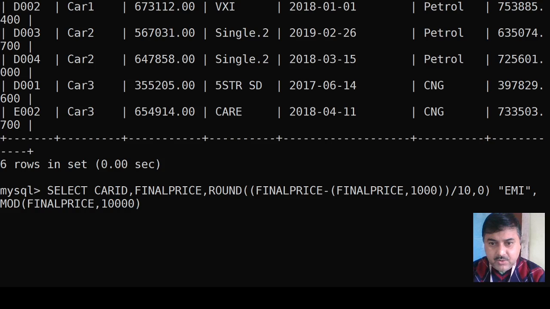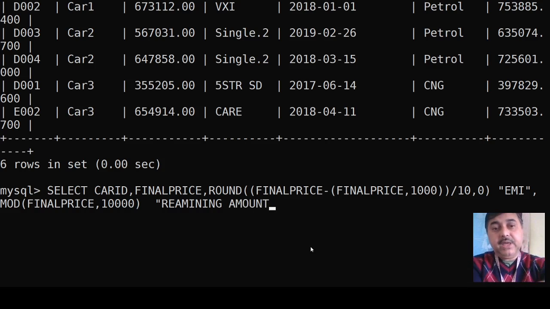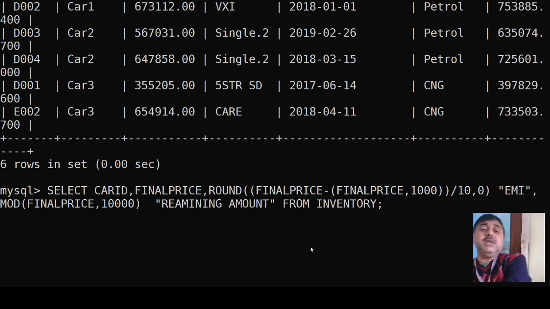So we name it remaining amount, R-E-M-A-I-N-I-N-G, remaining, then A-M-O-U-N-T, amount. Then from what? From inventory, I-N-V-E-N-T-O-R-Y, inventory. So this is what we have, and we are going to implement it.